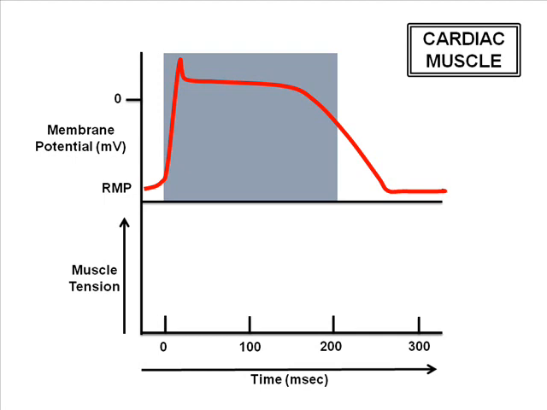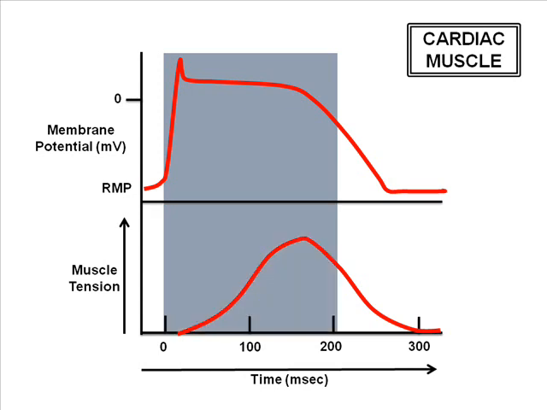When we put muscle tension on the graph here, on the bottom graph, you can see a very important difference from skeletal muscle. In cardiac muscle, the action potential occurs and absolute refractory period is not finished until the muscle has already started to relax.